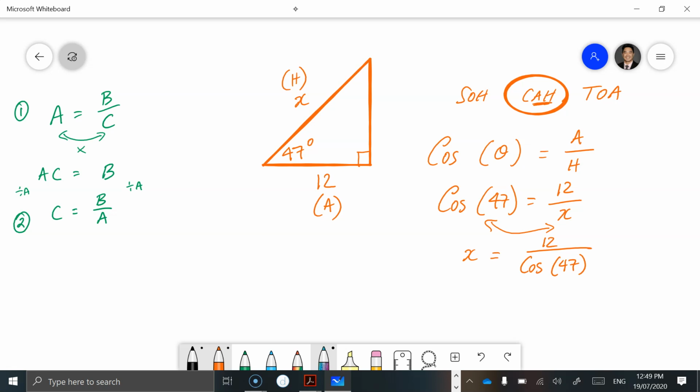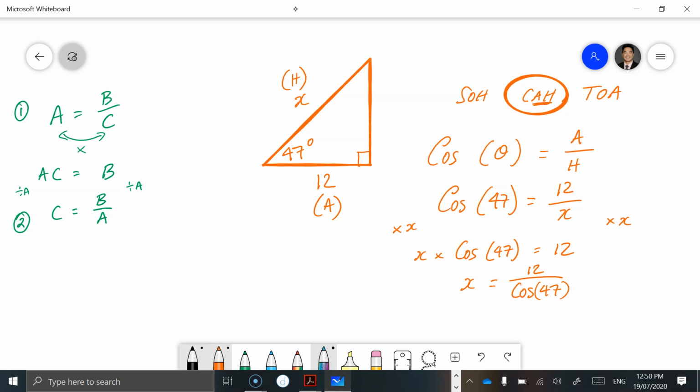That's the shortcut. We can introduce the longer way if you wish, and that's completely fine. That is to multiply both sides by X, so you have X times cosine of 47 is equal to 12. Remember, we need to get X on its own, so we divide both sides by cosine of 47. So X is equal to 12 divided by cosine of 47. It's the same thing, I'm just saving you an extra step.